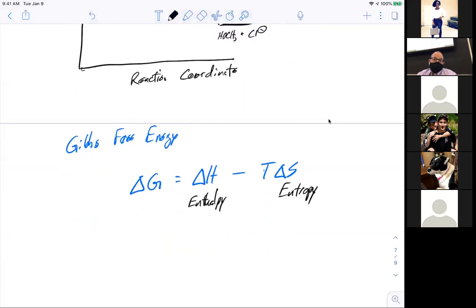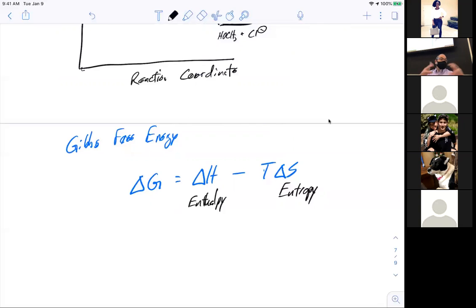So enthalpy is just energy, either exothermic or endothermic, that's going into the reaction. Entropy is the chaos. Are we increasing or decreasing the chaos? Are we going from cyclic to acyclic? Are we combining two things into one thing, or are we combining two things becoming three things?